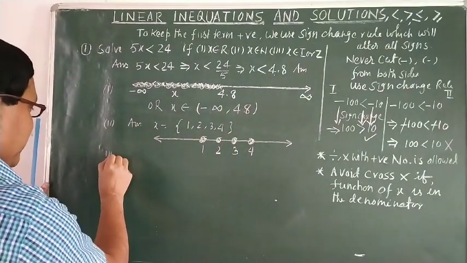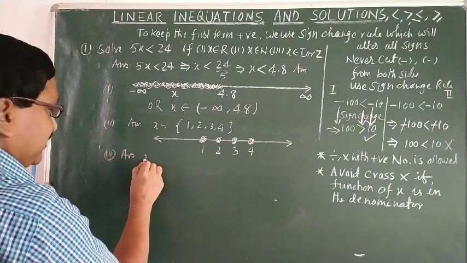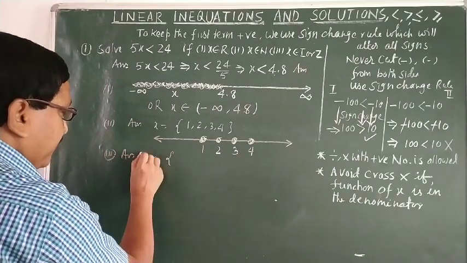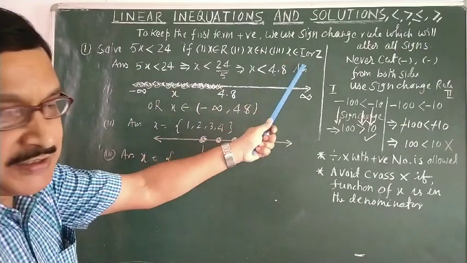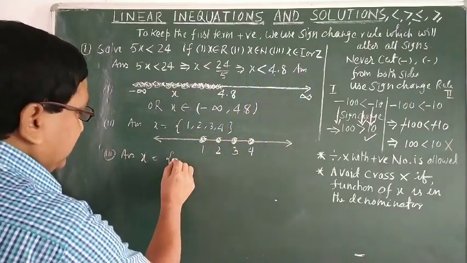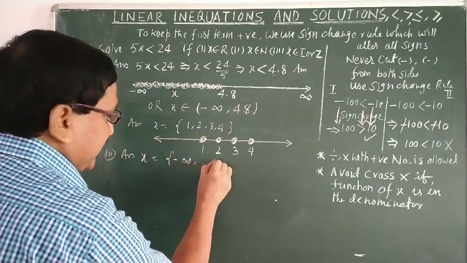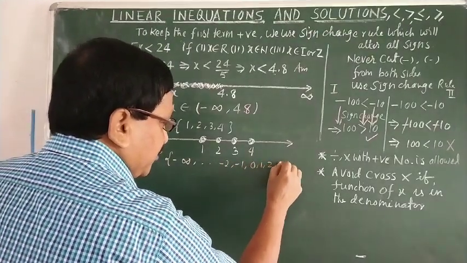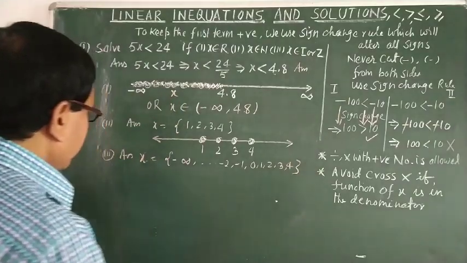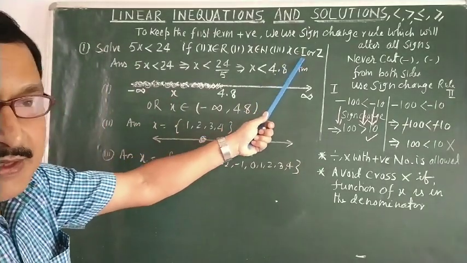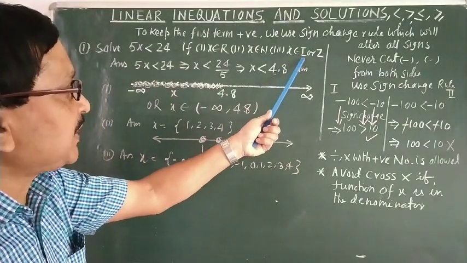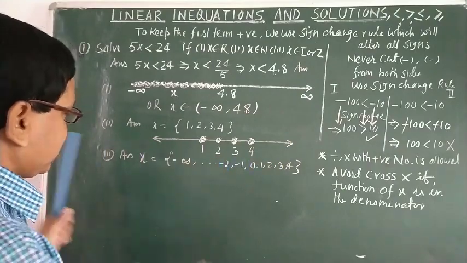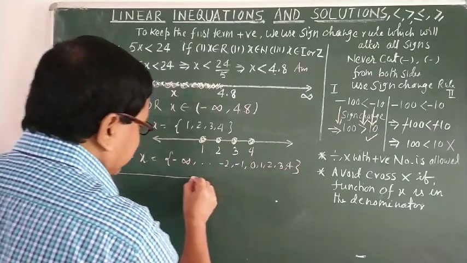In the case of the third question, our answer is x equals all the integers less than 4.8. This will start from minus infinity, minus 2, minus 1, 0, 1, 2, 3, 4. So for integers, we write like this, and the graph will be like this.